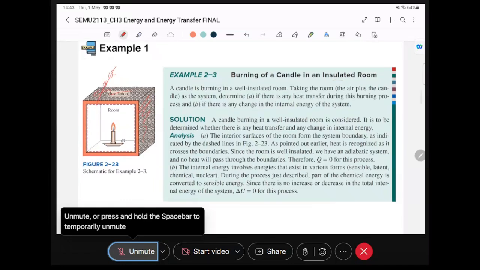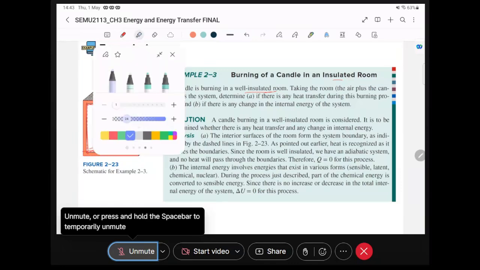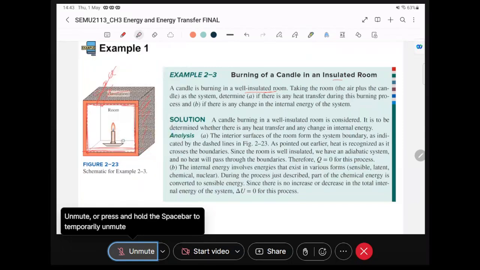Heat doesn't go out, doesn't go in either. Taking the room, the air plus the candle, as a system, our boundary is here, as you can see the red dotted line, which I just drew over here.